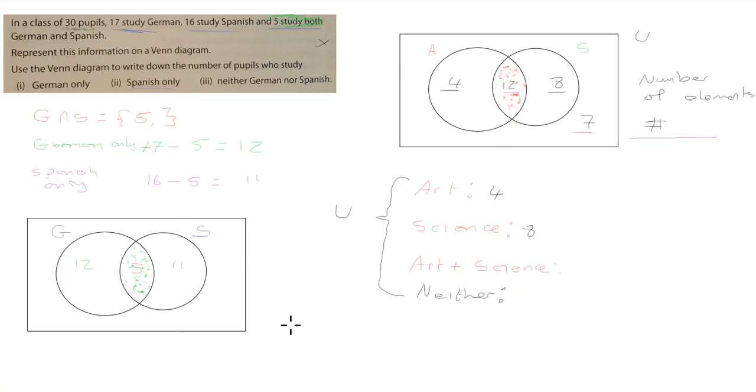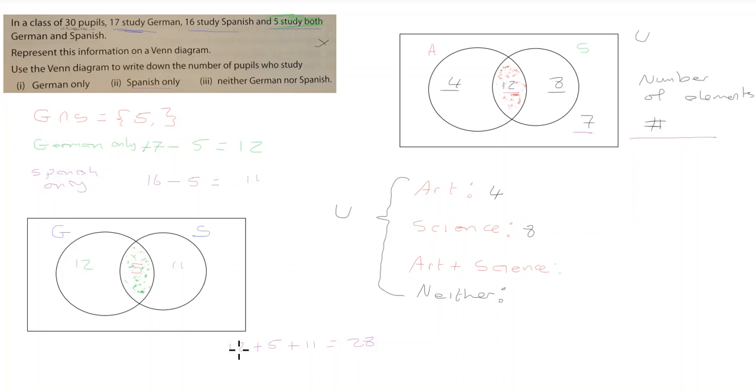So we'd have 30 minus... Actually, maybe we might do it like this. First of all, you have to add these up. It's going to be 12 plus 5 plus 11. 12 and 5 is 17 and 11 is 28.